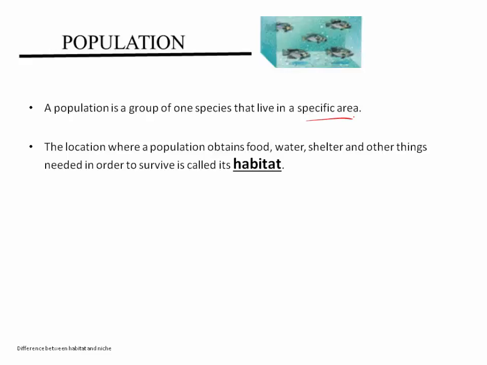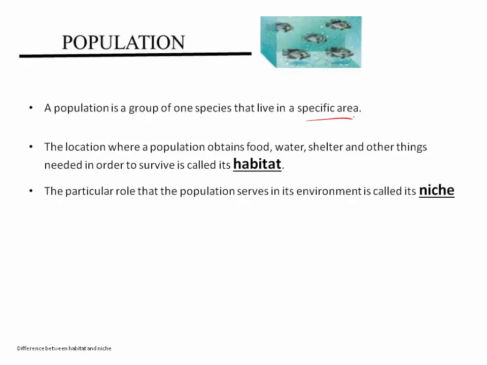Then, as you'll notice on the notes, it says notes on a niche. So what is a niche? A niche is a particular role that a population serves in that environment. We're going to get more involved in that, and I know you've probably heard all these terms of autotroph, heterotroph, consumers, that sort of thing.